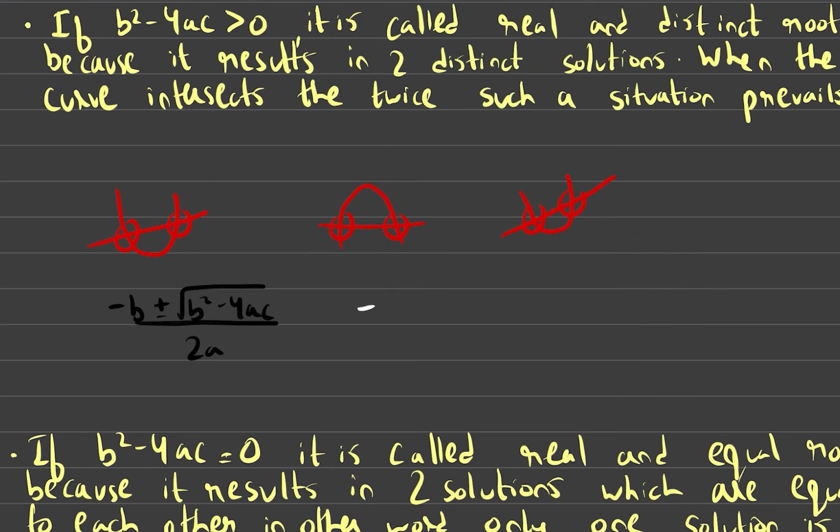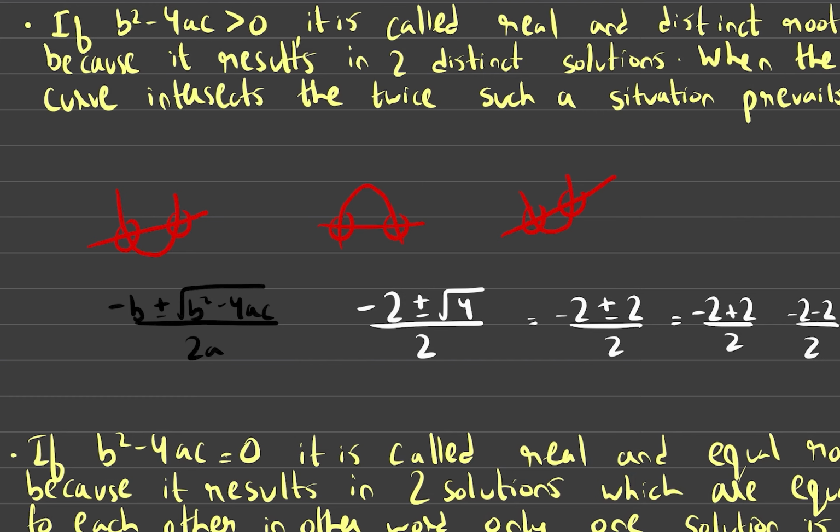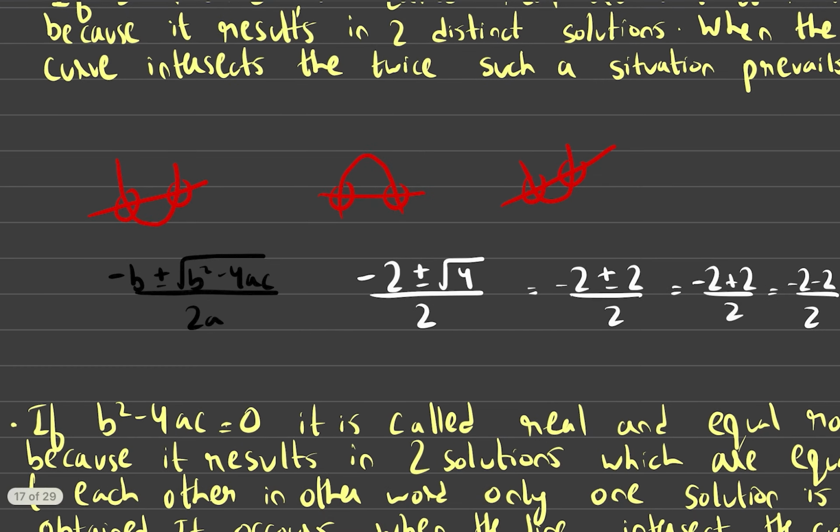Okay, now let's suppose here it's -2 plus minus under root 4 upon 2. How many answers will I get? It's going to be -2 plus 2 upon 2 and -2 minus 2 upon 2, right? So one answer is 0 and the other answer is -2.